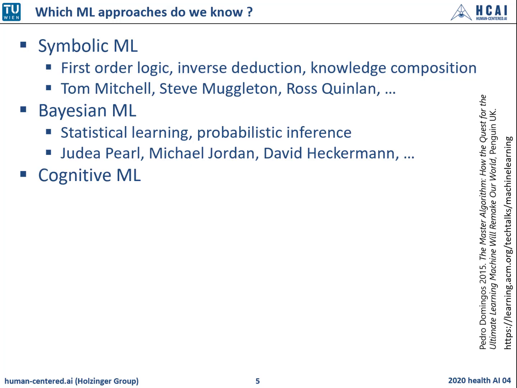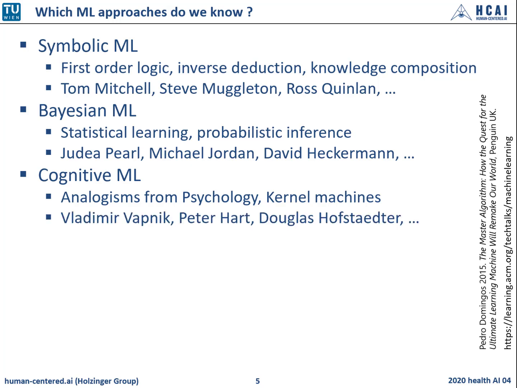Then there are the cognitive machine learning approaches. They are taking analogisms from psychology or kernel machines. For example, typically Vladimir Vapnik or Peter Hart or Douglas Hofstadter. And they are really very tightly connected to cognitive approaches.